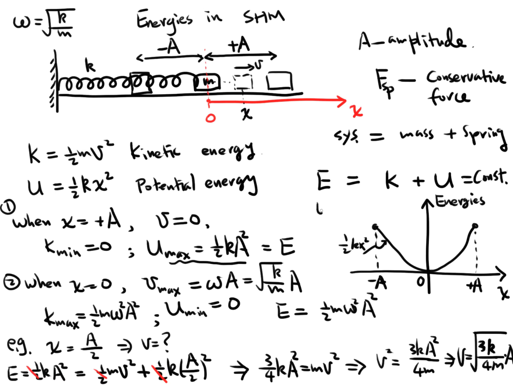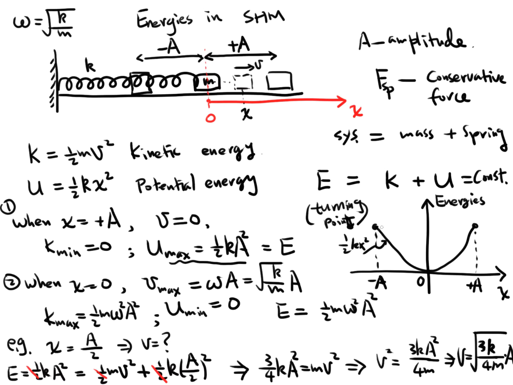Turning point means that if the object moves toward this turning point, it's going to change its direction and move in the opposite direction. It's going to make a U-turn here.